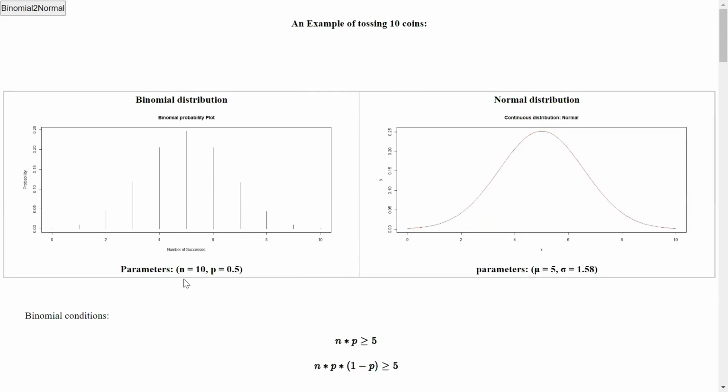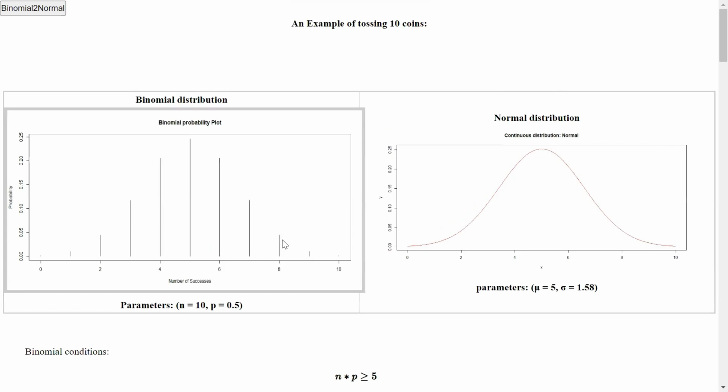If the binomial parameter n, the number of trials, gets larger and larger, especially greater than 30, then computing binomial probabilities becomes a complicated task.